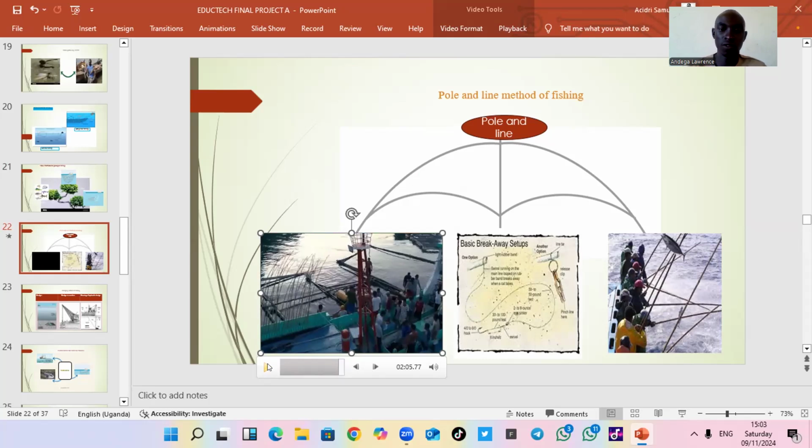In due course, the fish is caught. So that is an example. So we can use that in the lesson development process for learners to fully understand how the pole and line method works.